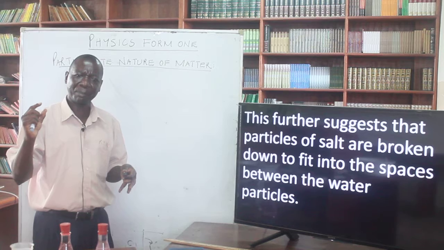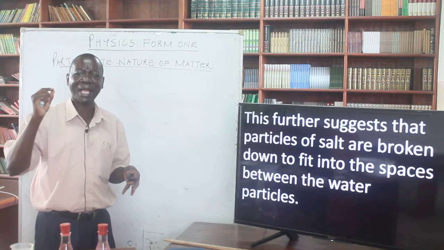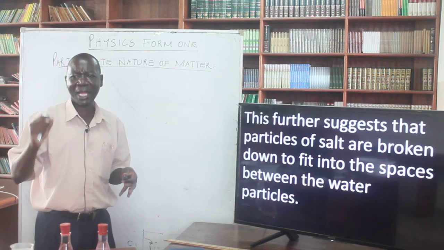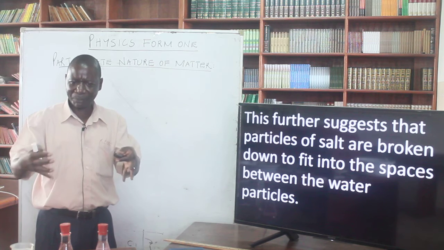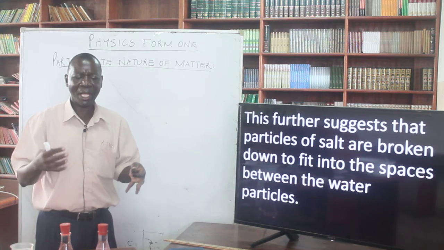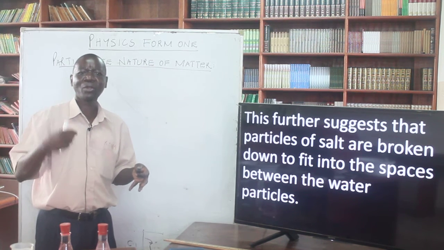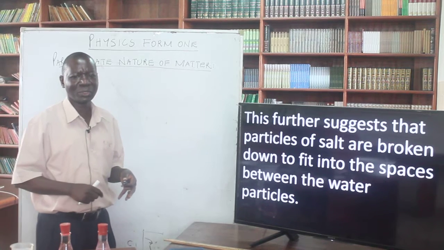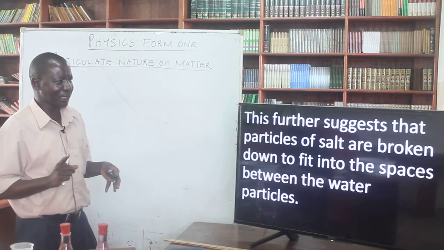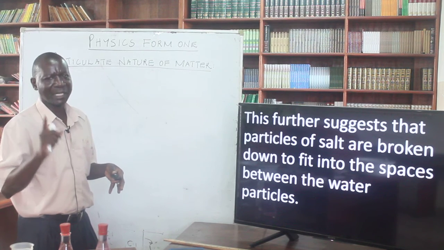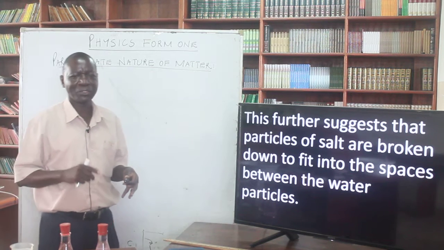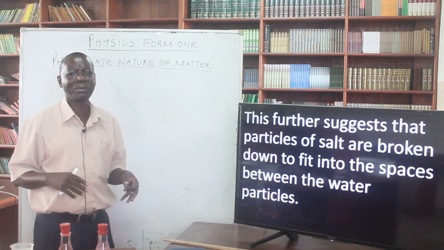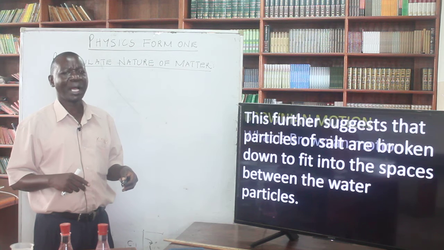The water particles are also made up of tiny particles, which make some spaces between them, where the salt particles can fit into. So our conclusion is that matter is made up of tiny particles, and that is what we wanted to prove.